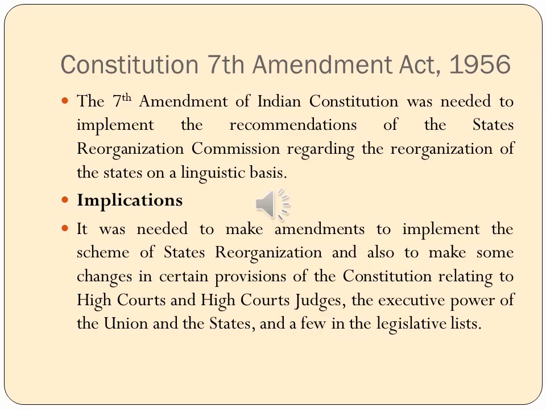The detailed list of changes is explained in the notes provided to you, and in the notes you will find all the major changes or implications that the 7th Amendment Act brought upon the Constitution.